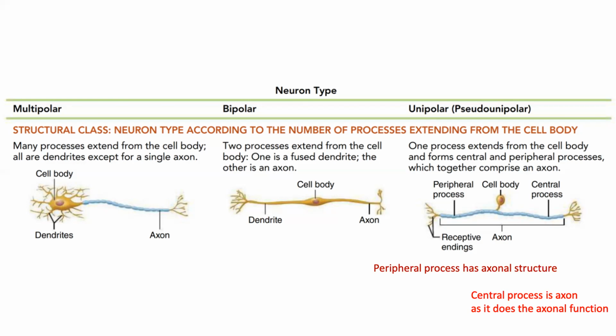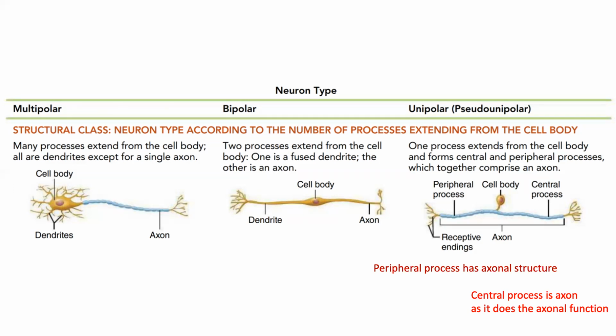But don't forget, we also have bipolar neuron and unipolar neuron, but they constitute less than 1% each, and therefore multipolar neuron is the most commonly seen or most commonly drawn neuron for us.